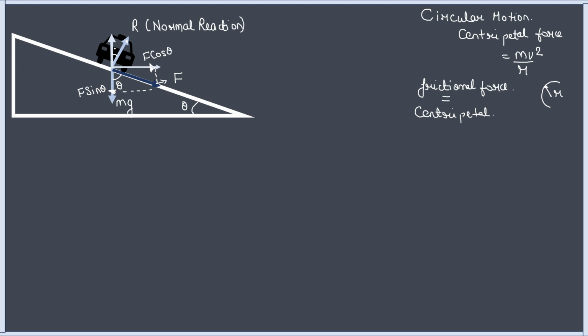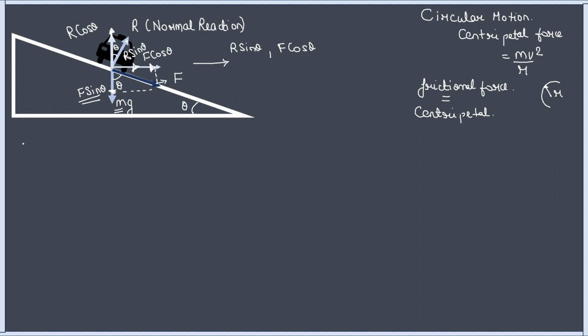This component directing upwards is r cos theta, and this component here is r sin theta. In this direction we have two components, r sin theta and f cos theta. In the downward direction we have f sin theta and mg, and above we have r cos theta. So we'll balance the forces, right?